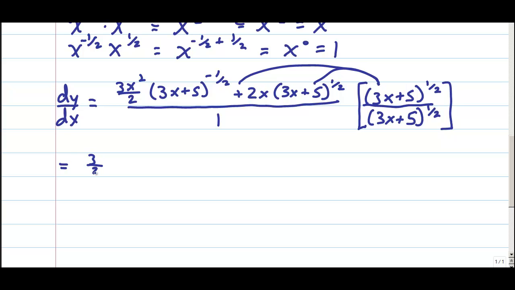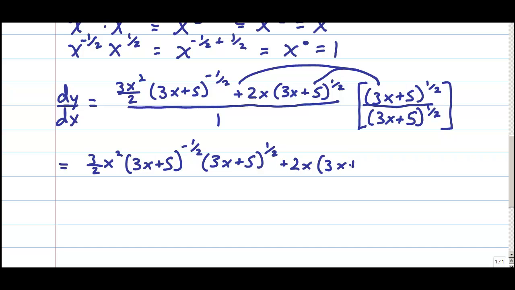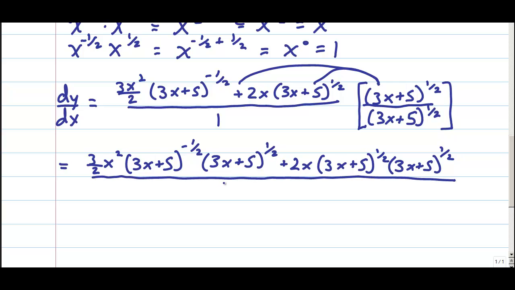I have 3 halves x squared times 3x plus 5 to the negative 1/2 times 3x plus 5 to the 1/2, plus 2x, 3x plus 5 to the 1/2 times 3x plus 5 to the 1/2. And then on the bottom, of course, I've got 3x plus 5 to the 1/2. So here's what I did. I multiplied the top by this and the bottom.